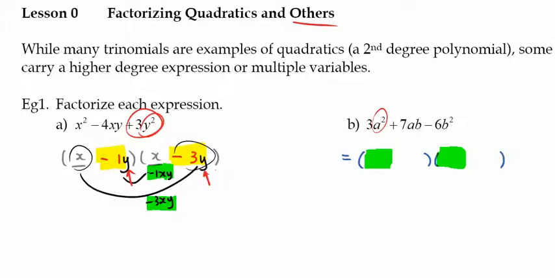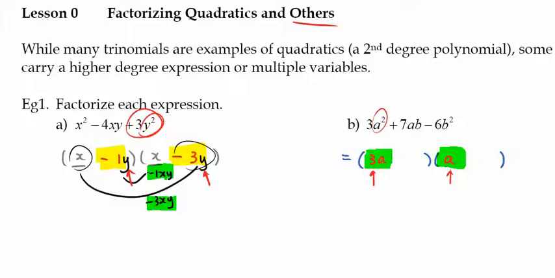I'm not going to put all of the a squared at the front and then the next one would just be a number. It isn't just 3 times a squared or 1 times 3a squared. I want to even it out. So in this case, what would go here and there? 3a and a, yes. 3a times a will give us 3a squared. So that's the first of your FOIL.